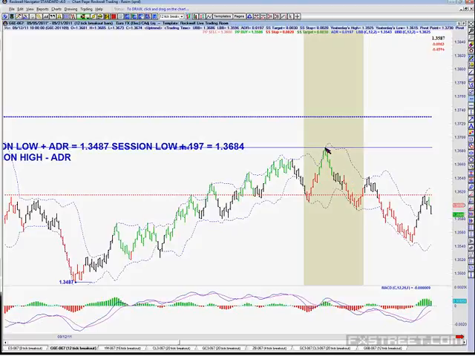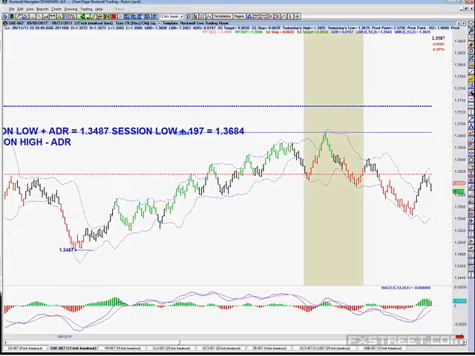But if we took the 36.84 level and we subtracted 197, 34.87 would be the level we need to be concerned with as the lower daily range now. 34.87, let me make it exact.